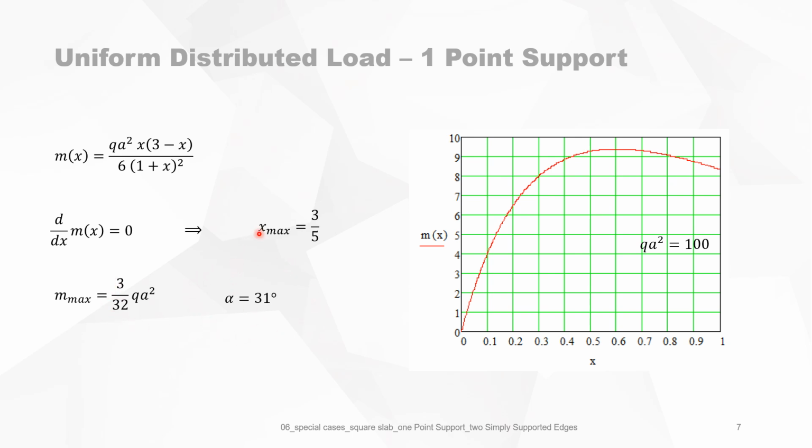And with this x, when the tangent of alpha is 3/5, or 0.6, it means alpha is 31 degrees. So you can see clearly on this graph that for x equal to 0.6, the maximum bending moment here is something like 9.5 times 100.